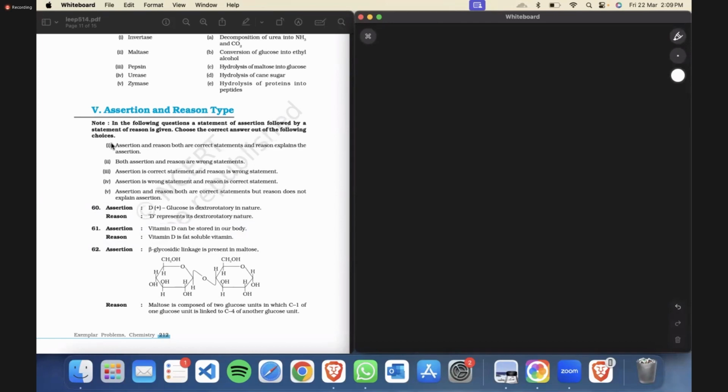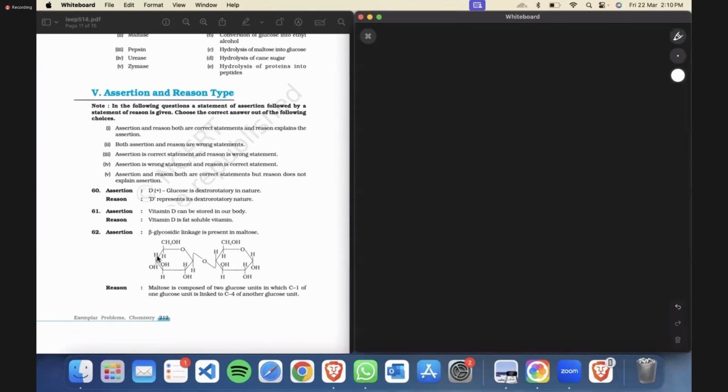Okay, so you have to choose from these options. Option C: assertion is correct and reason is wrong. So option number 3 over here. D corresponds to the position of OH group on the right side on the farthest asymmetric carbon atom. Okay. So assertion is true, but the reason is incorrect.